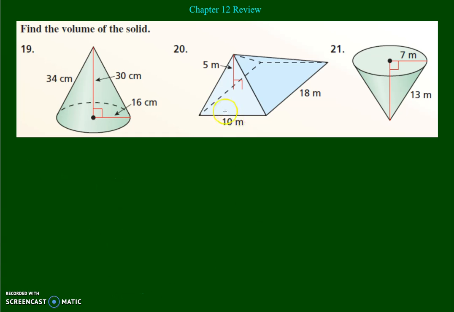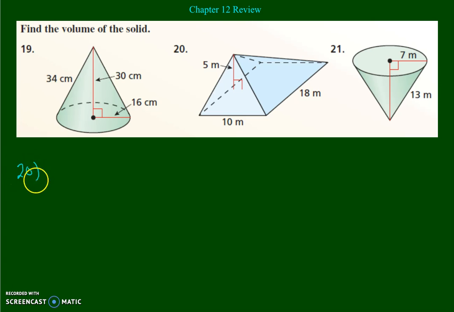Problem 20 gives us an oblique pyramid, because you can see that the height is offset, it's not coming down to the center. So in this oblique pyramid, we have an area of the base that's easily calculated and the height of the pyramid. Let's go ahead, write down our equation and solve it.